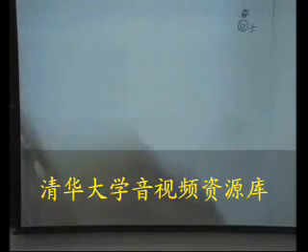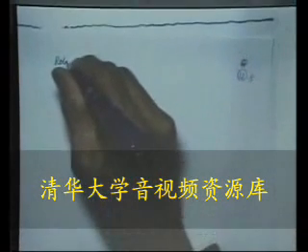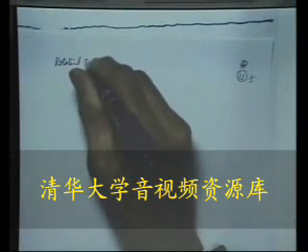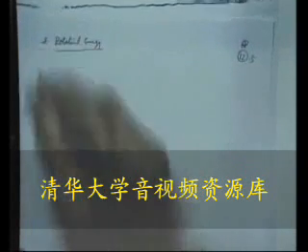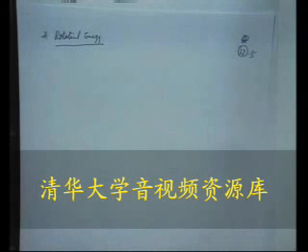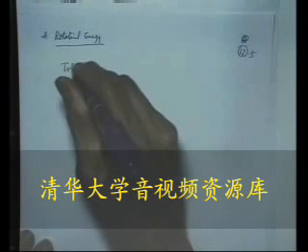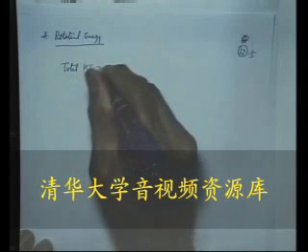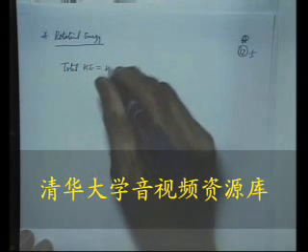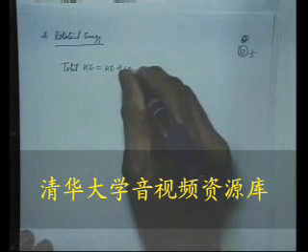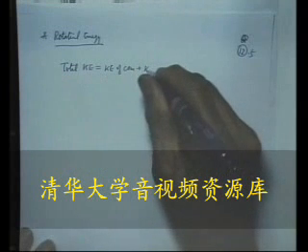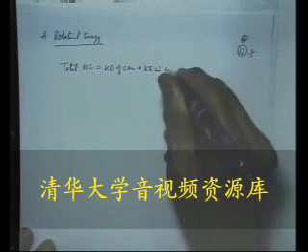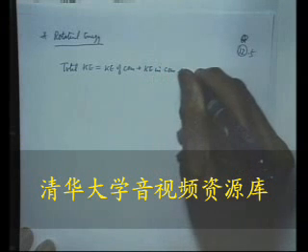Next, we talk about rotational energy. Total kinetic energy is equal to kinetic energy of center of mass plus kinetic energy in center of mass system.